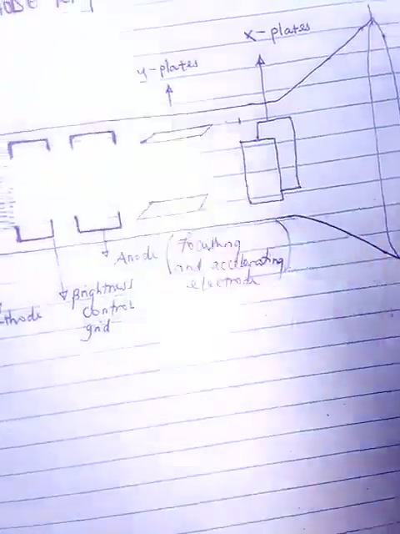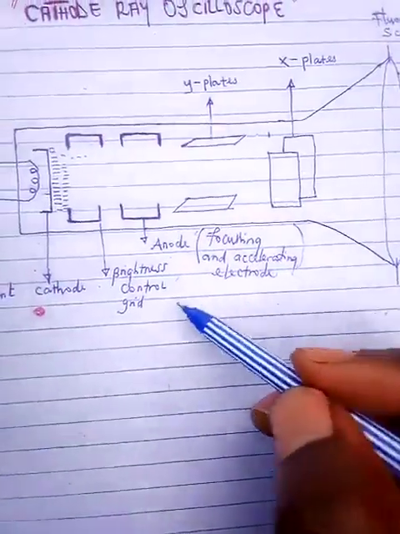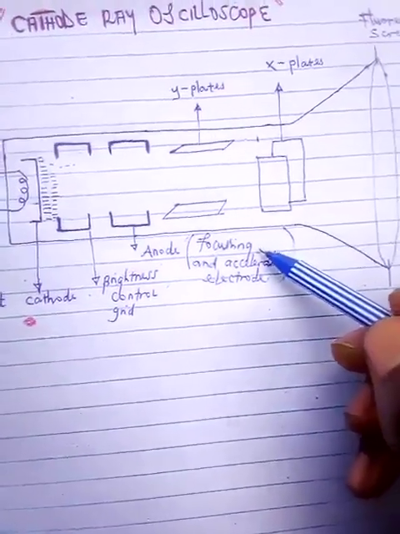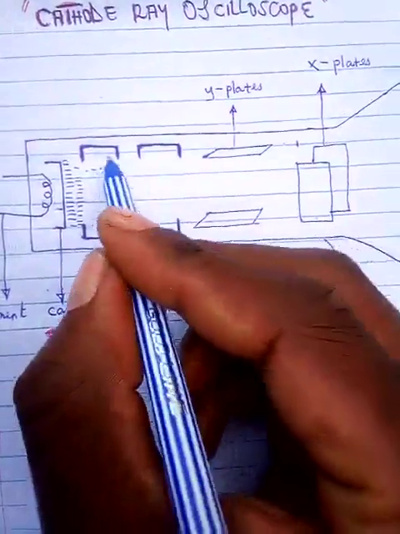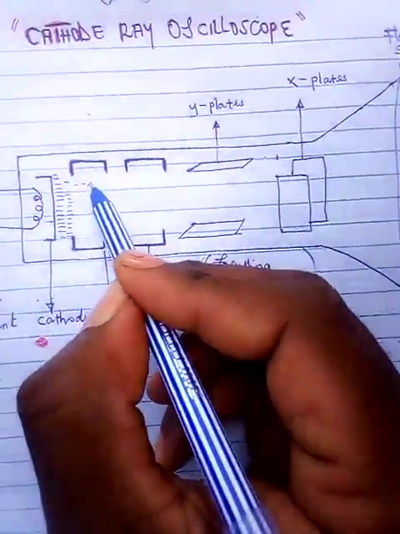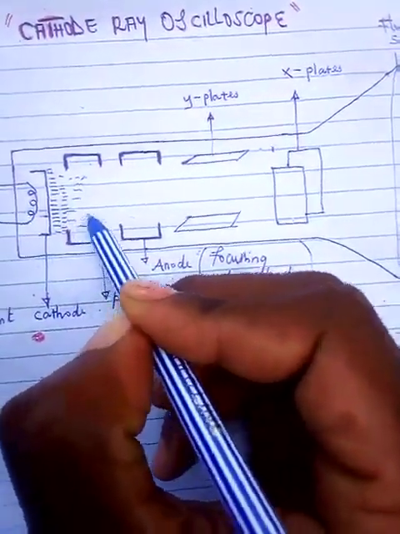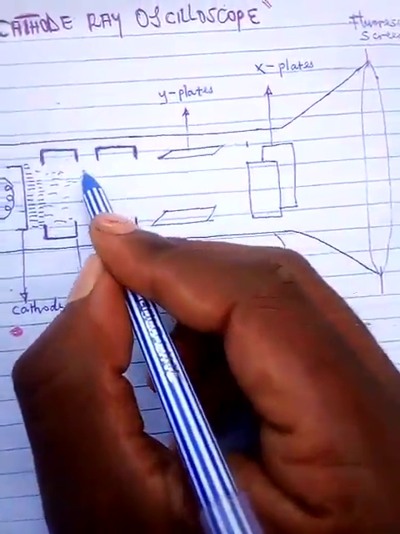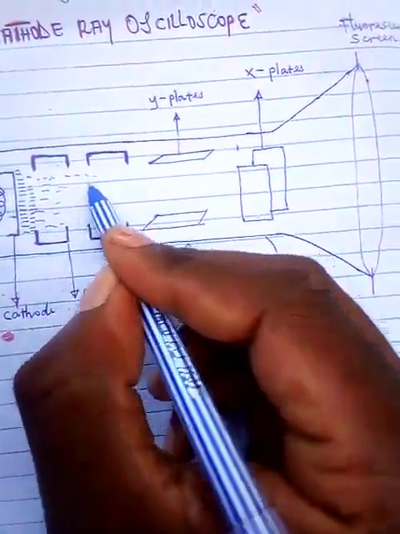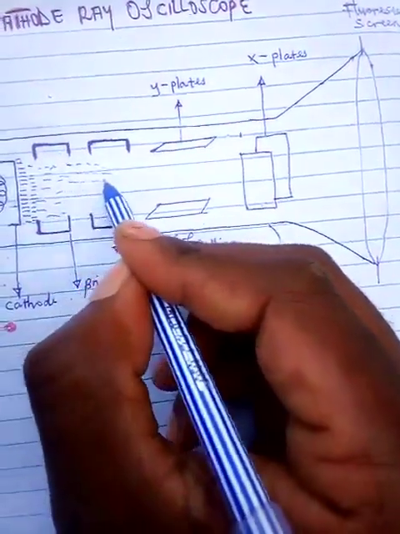Why? Because it serves two functions. It focuses the electrons. To focus means to compress them, it's more like bringing them together. Have you seen how scattered they are? When they begin to pass through the anode, they are made to move closer to each other.